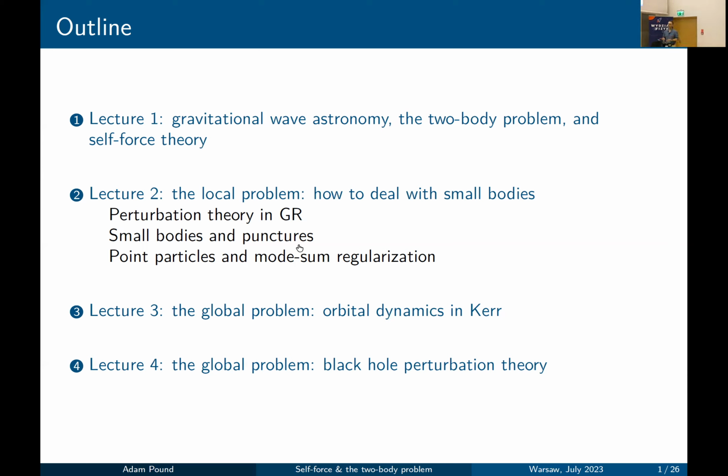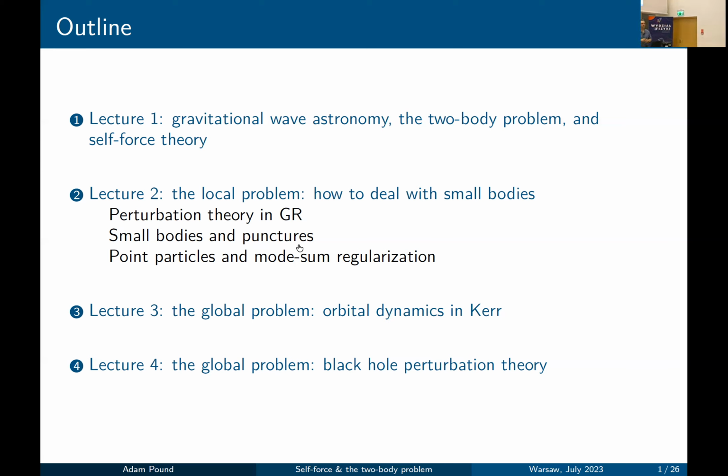I'll show you exactly where, for example, the spin comes in. At each new perturbative order, you get one higher multipole moment of the small body. So in this small mass ratio limit, fine intrinsic details of the body go away, and everything's encoded just in multipole moments. And I'll show you how they come in.